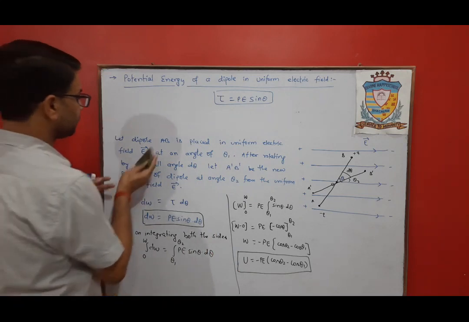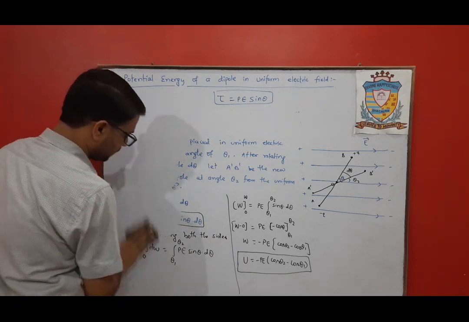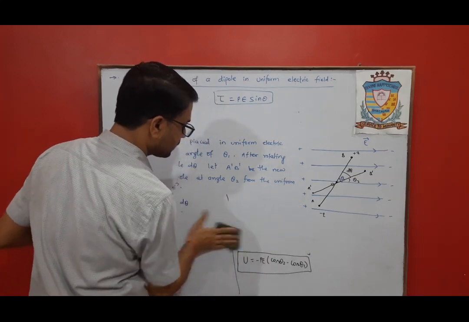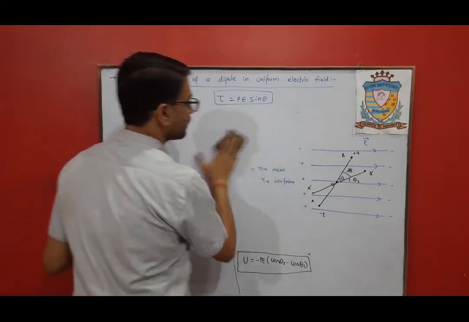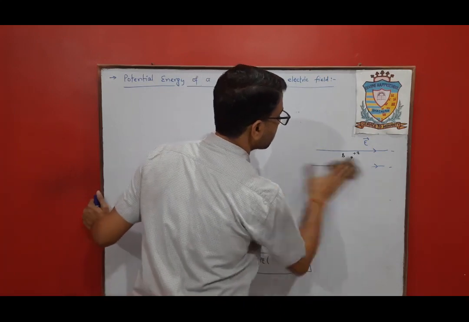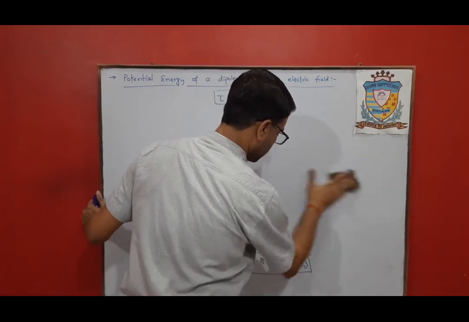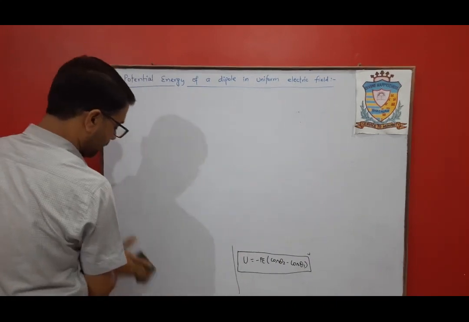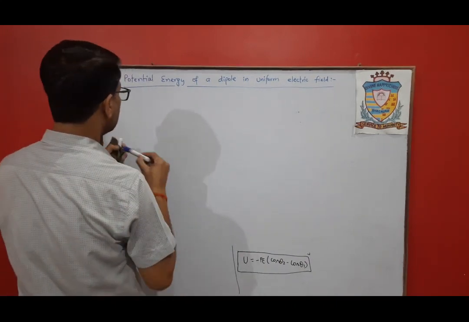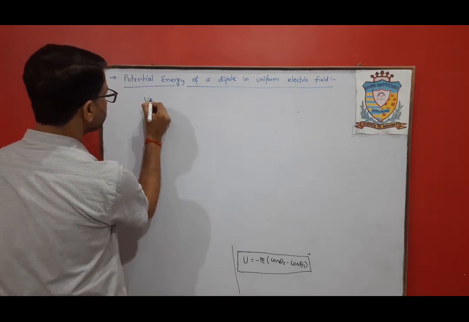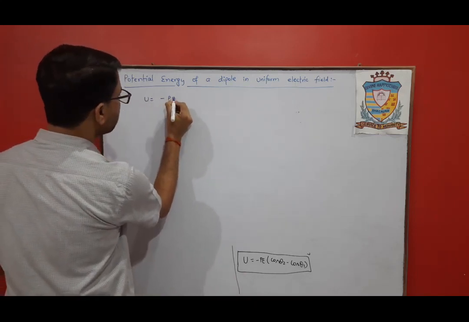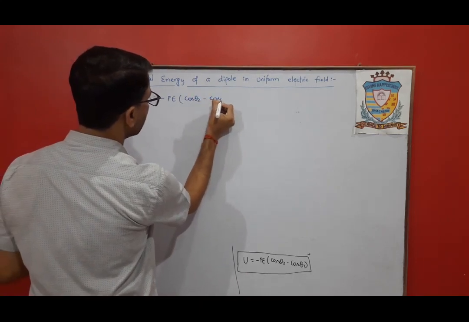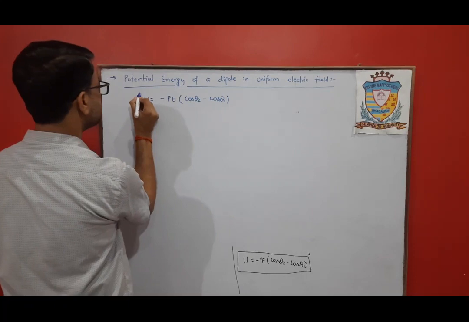So what we have now, U is equals to minus PE cos theta 2 minus cos theta 1.